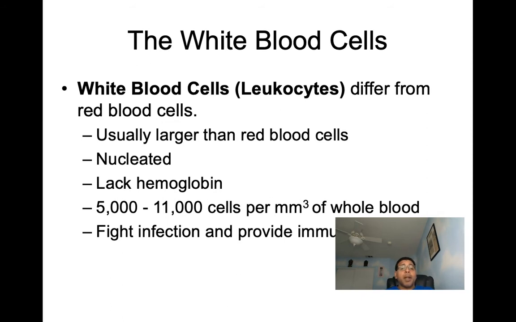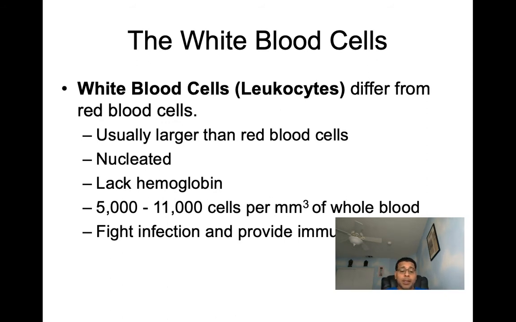Now, when we talk about our white blood cells, we'll see they are not found in numerous quantities as our red blood cells. Our leukocytes function to fight infection, and they play a role in the development of immunity, which is the ability to resist disease.